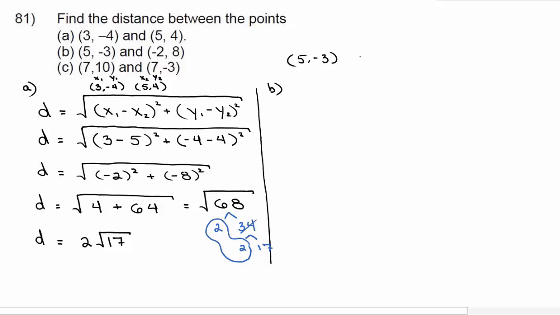Alright, so our 2 points are 5 comma negative 3 and negative 2 comma 8. And I'm going to label them x sub 1, y sub 1, and x sub 2, y sub 2. And I'm going to substitute those into the distance formula.